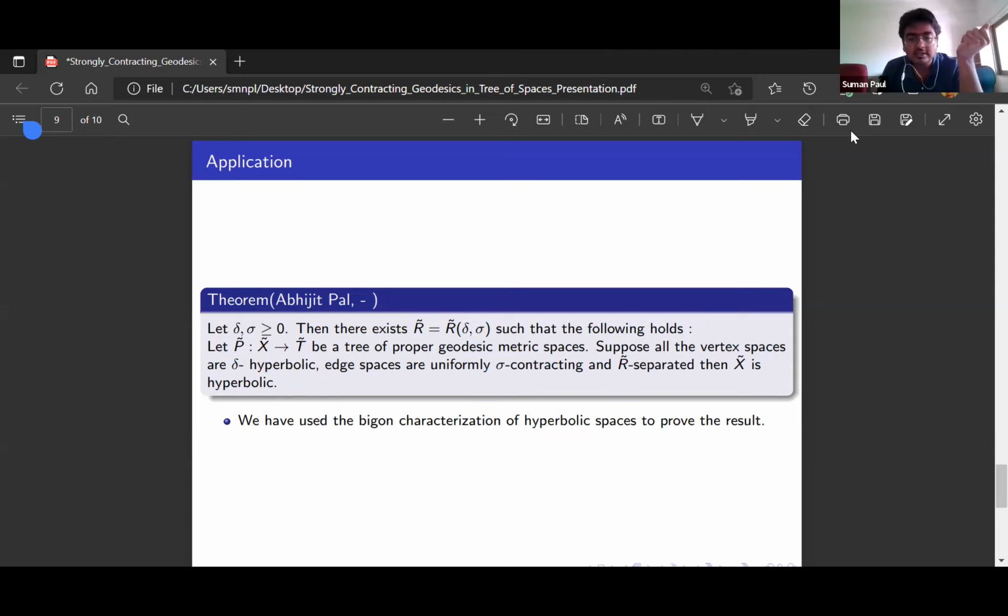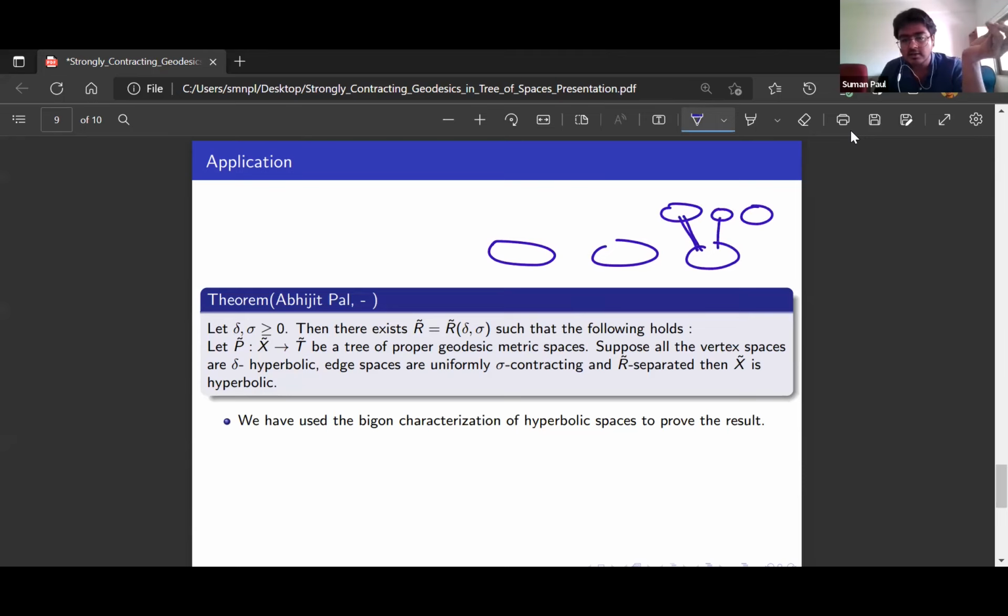Okay, so this is a kind of combination theorem. Let me just draw. So we take some tree of spaces.